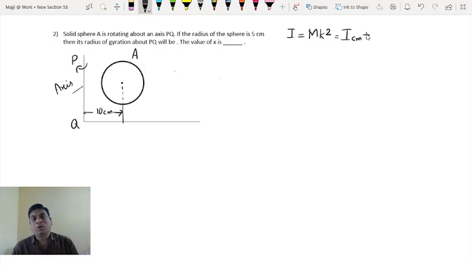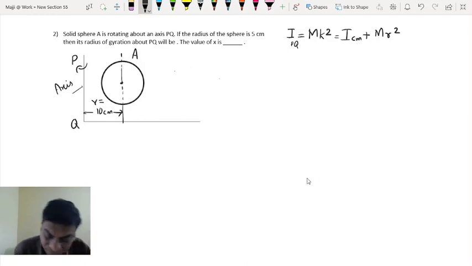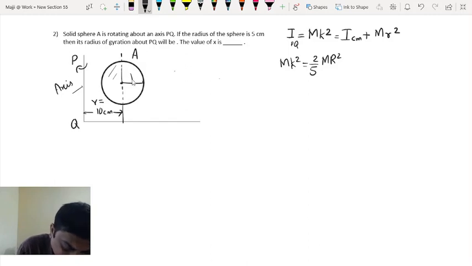So we have to apply the parallel axis theorem, which states that the moment of inertia about any axis is nothing but the moment of inertia about a parallel centroidal axis, that is passing through the center of mass, plus mass into r square, where r is the distance between the axis and the centroidal axis. So we have m k square. Now I_CM for a solid sphere is 2 by 5 m r square, plus m into r square.